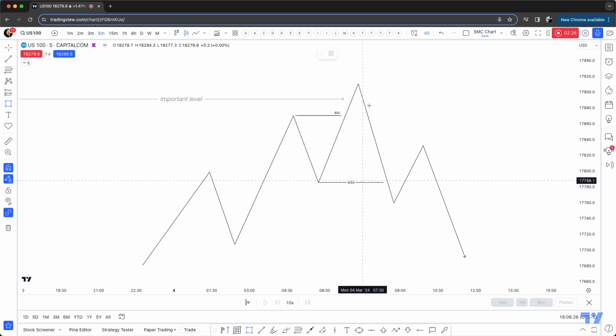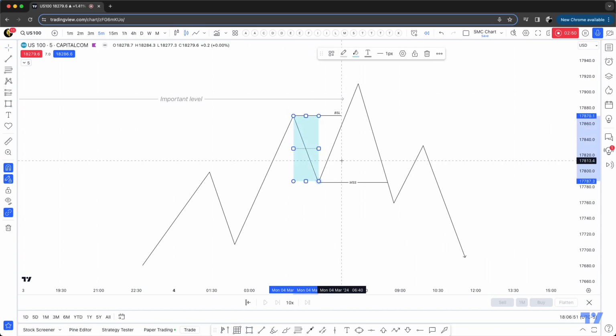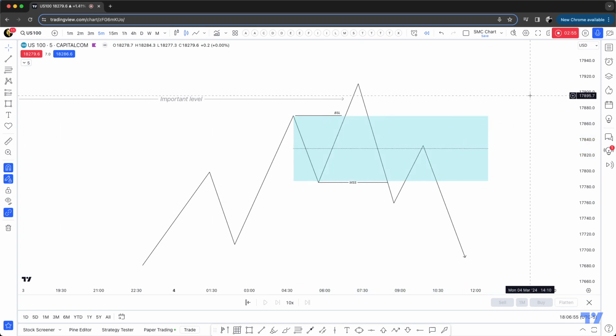And if we measure this thing right here, let me put it this way. Normally, the unicorn entry model is this last push right here. Okay, we're going to be paying attention to this push. So basically, in this area, right after the price breaks to the upside, this becomes my breaker.